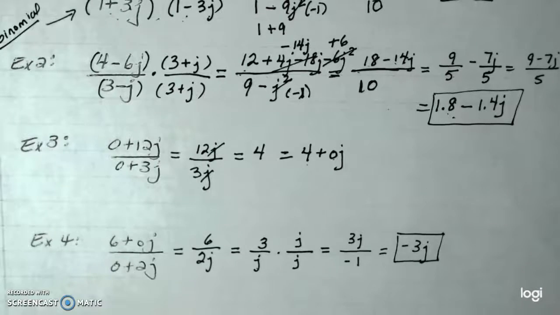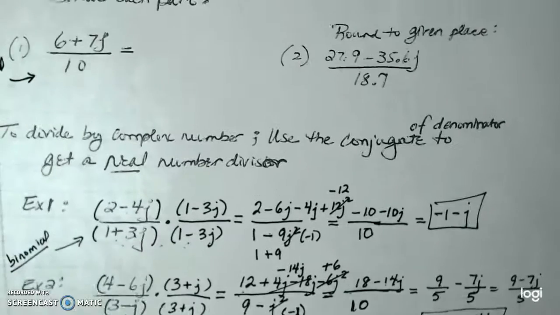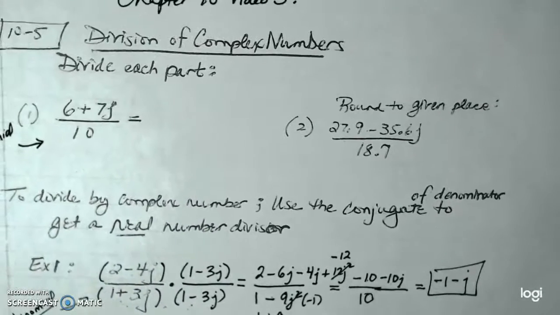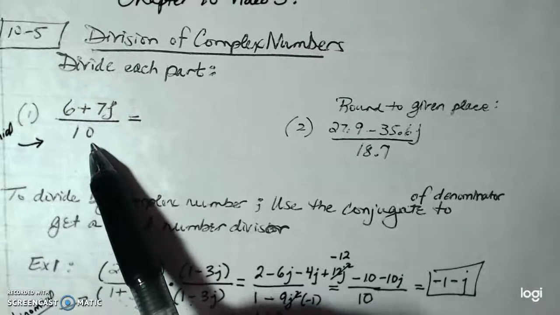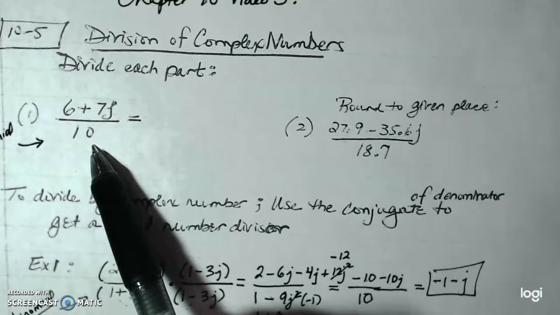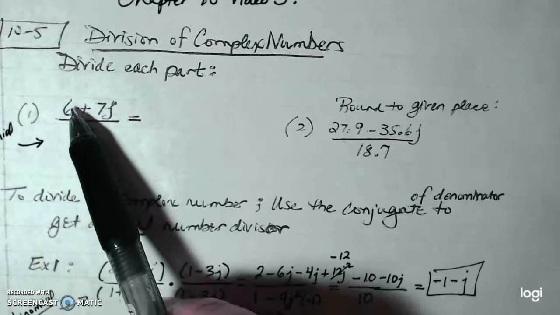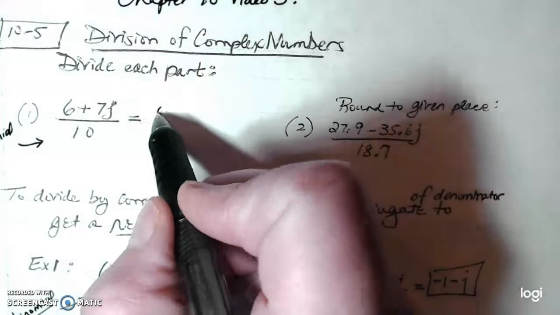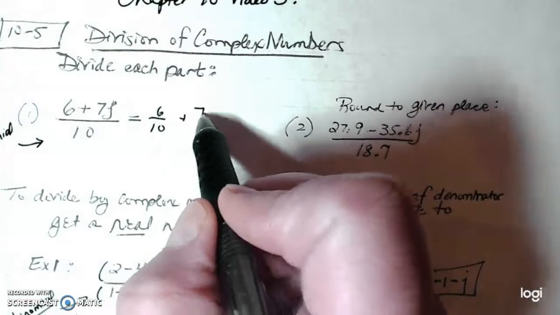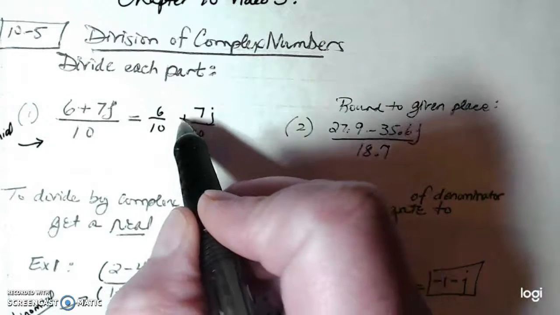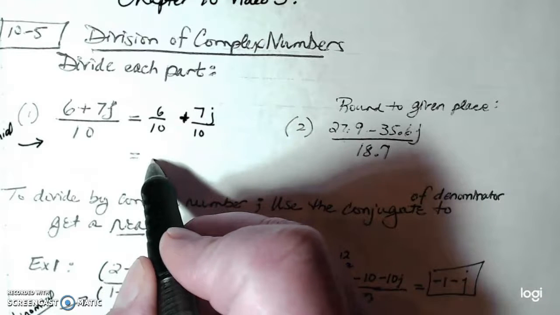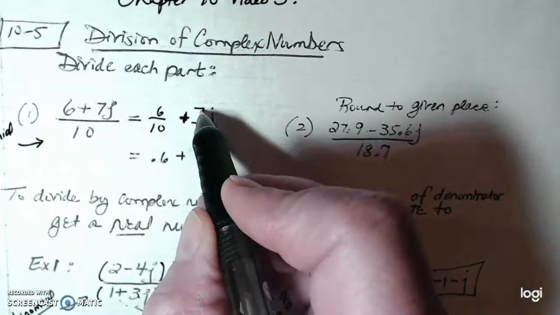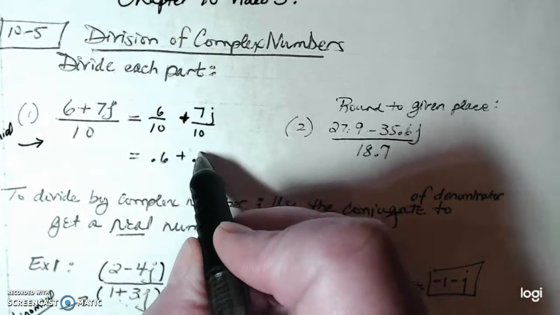I would like to make sure that we're comfortable simplifying division problems where you have a monomial as the divisor. So again here, if you're going to be converting this to a decimal, that's one way to do it. 6 divided by 10 plus 7j divided by 10. And you probably recognize that 6/10 is the same as 0.6, and 7/10 can be written as its decimal equivalent.